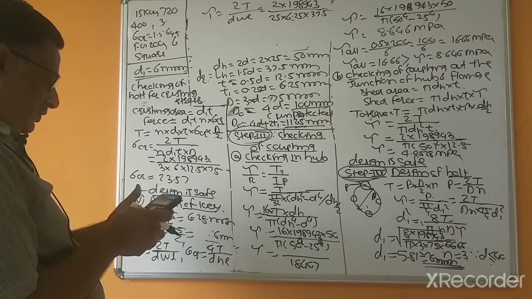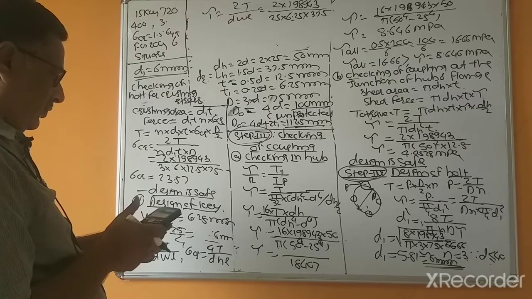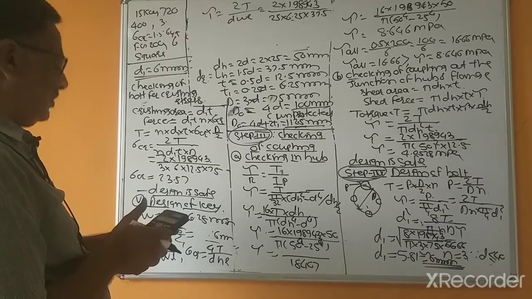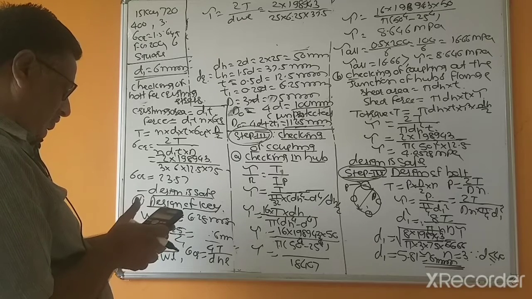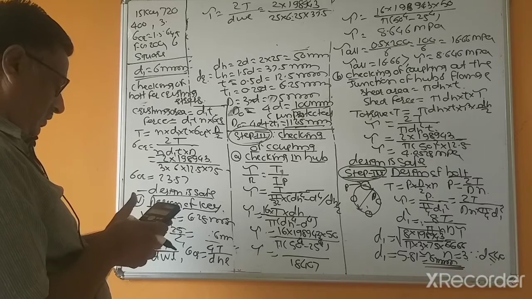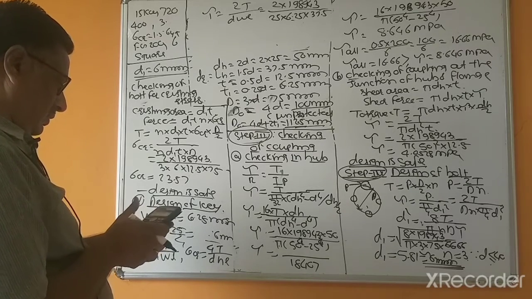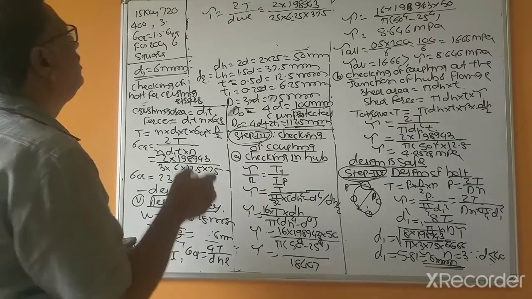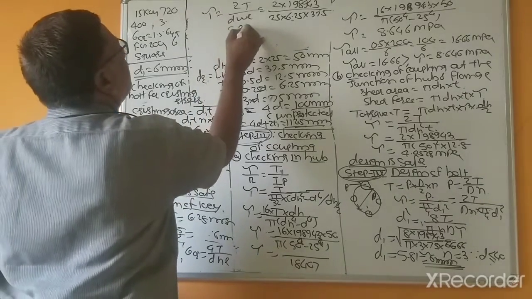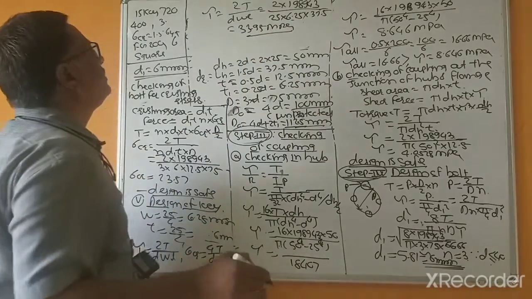198,943 divided by 25 divided by 6.25 divided by 37.5. Sorry, 198,943 divided by 25 divided by 6.25, 33.95. This design is safe.